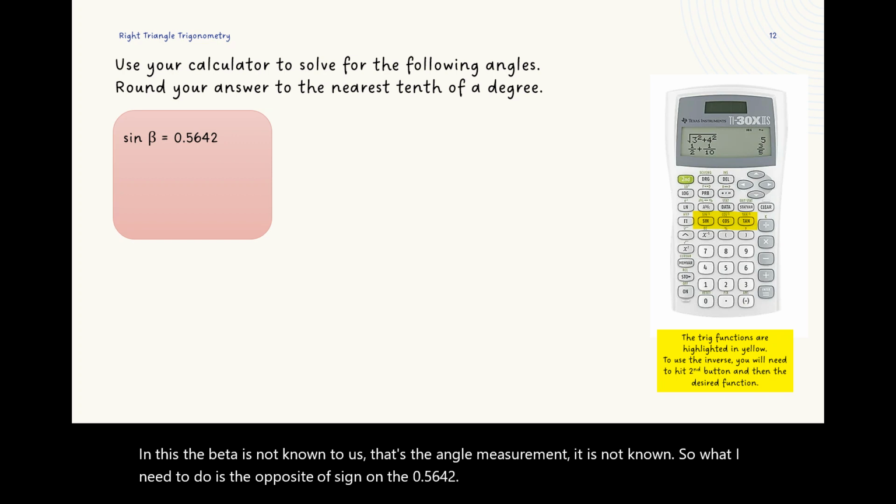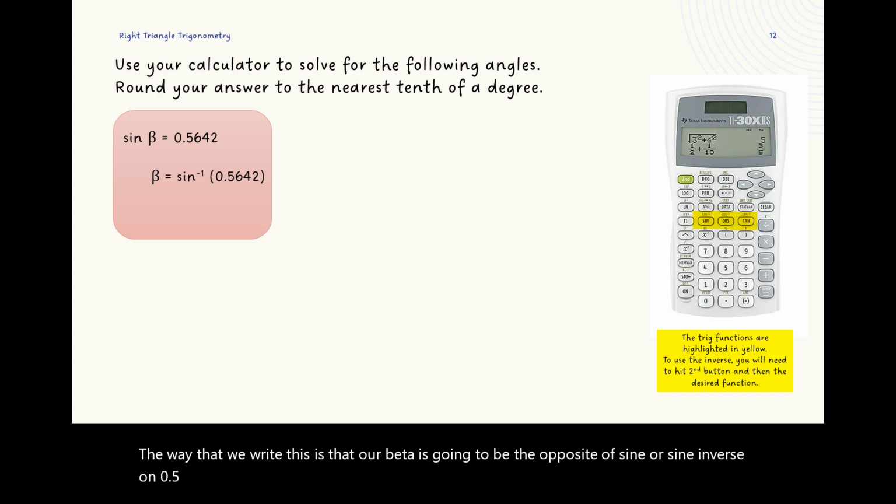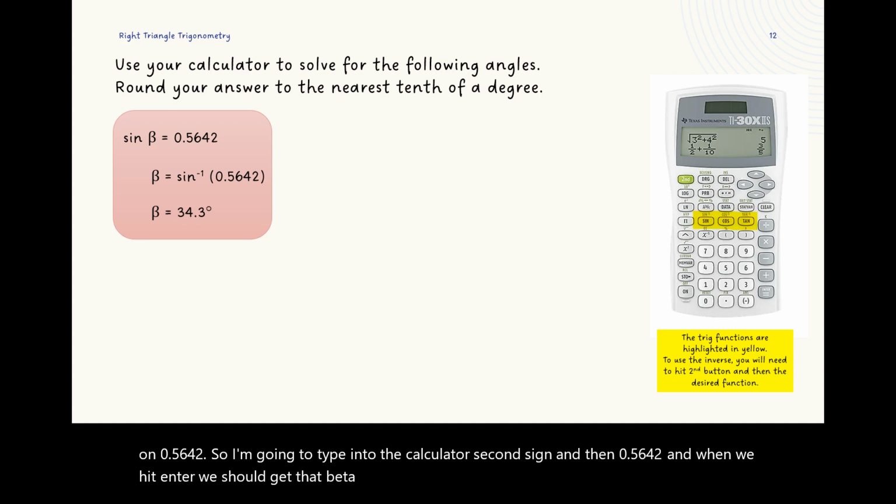The way that we write this is that our beta is going to be the opposite of sine, or sine inverse, on 0.5642. So I'm going to type into the calculator second sine and then 0.5642. And when we hit enter, we should get that beta is equal to 34.3 degrees.